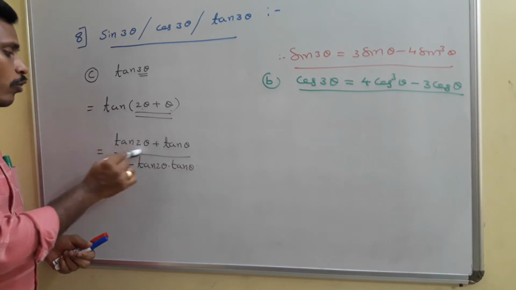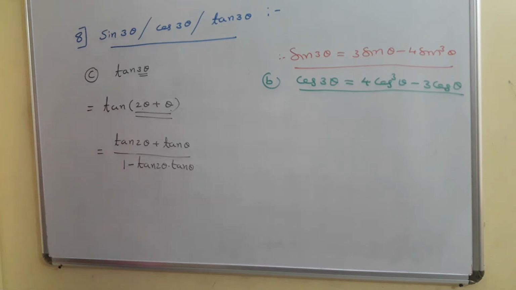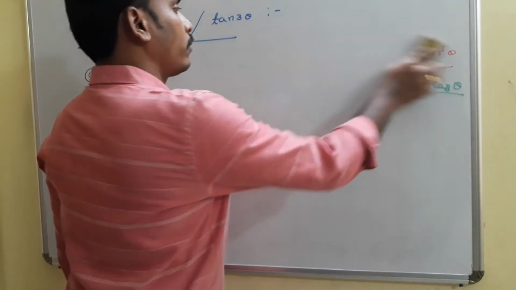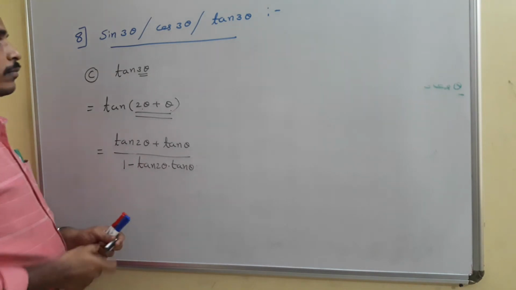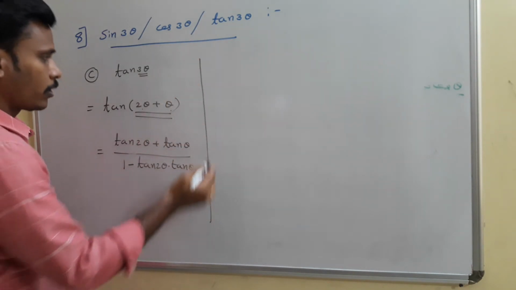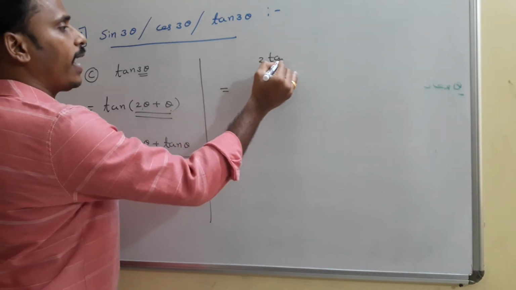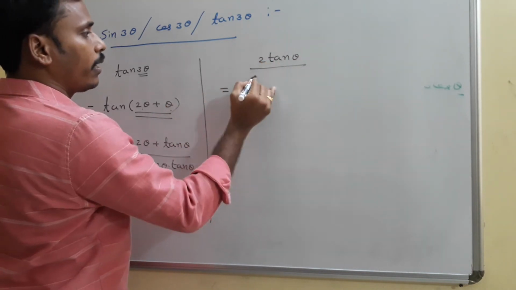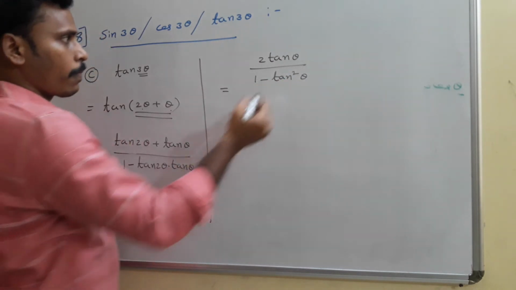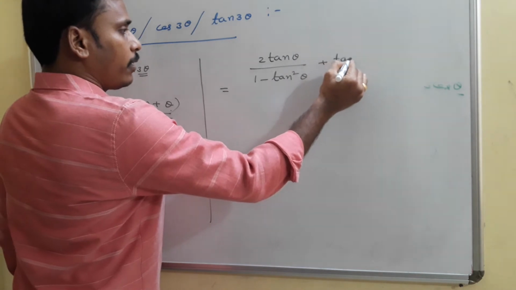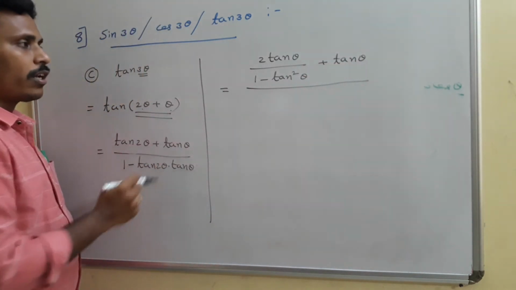And then again we need to rewrite this tan 2 theta in terms of tan theta. How to rewrite? So this is equal to, tan 2 theta is 2 tan theta divided by 1 minus tan square theta, plus tan theta, divided by 1 minus tan 2 theta into tan theta.